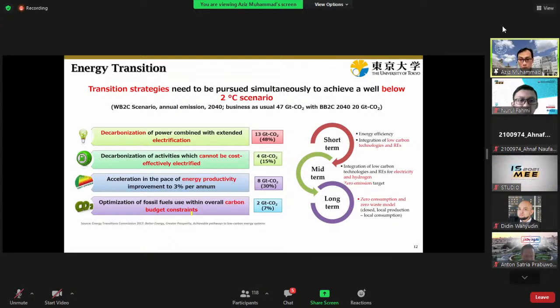So for the energy transition to achieve zero carbon, we can have four issues or four pillars. But the top two issues, I think, are correlated with decarbonization. Decarbonization means that we decarbonize from carbon-based fuels to non-carbon-based fuels, or otherwise we can use renewable energy. Decarbonization is not only limited to the utilization of renewable energy, no, but it is also still okay for us to utilize carbon-based fuels, any kind of fossil fuel.